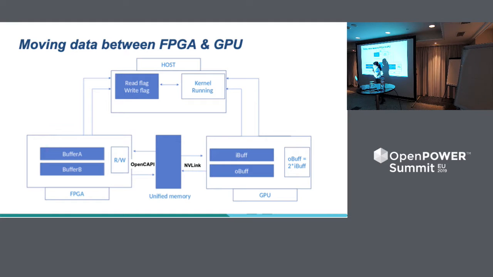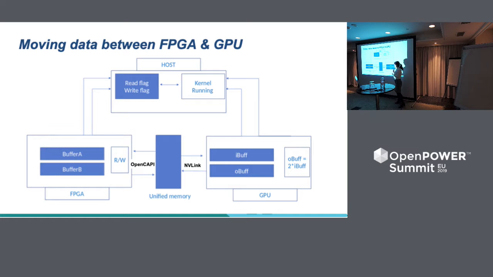So for FPGA, it has two choices. So the first choice is that the GPU and FPGA, one uses OpenCAPI and one uses NVLink. They both access the host memory, okay?